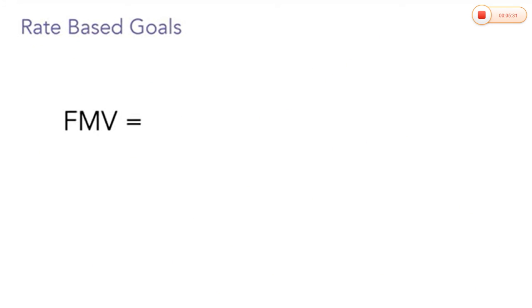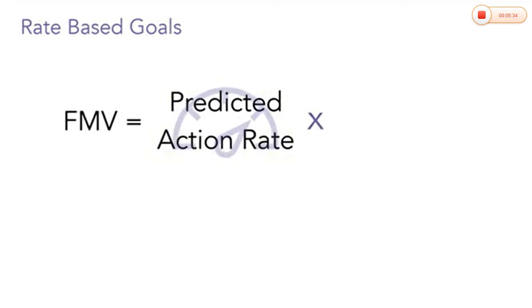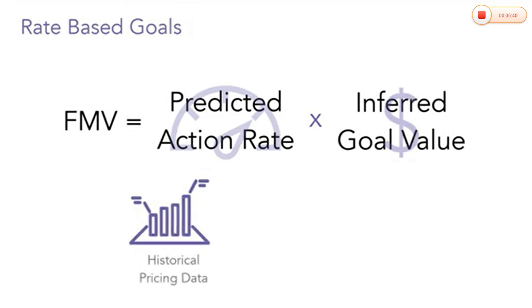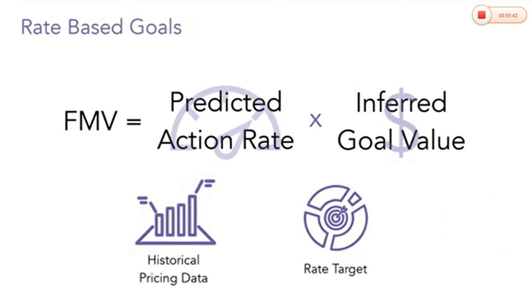The FMV is calculated by multiplying the predicted action rate by an inferred goal value. The inferred goal value is calculated by using historic pricing data and the rate target specified at strategy level. Please refer to the knowledge base for more information on rate optimization.